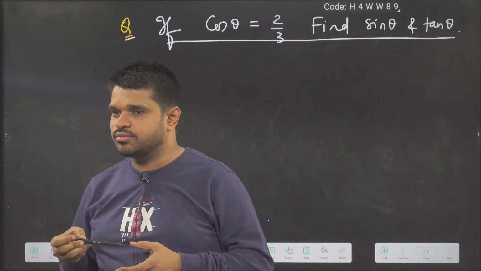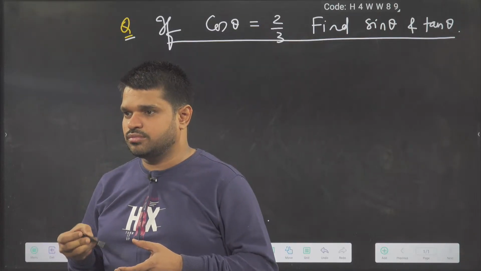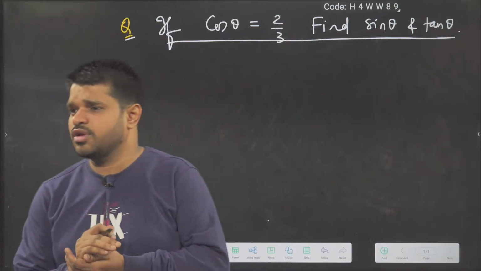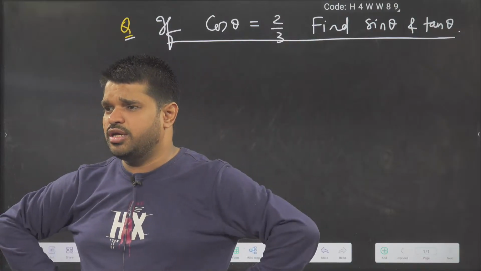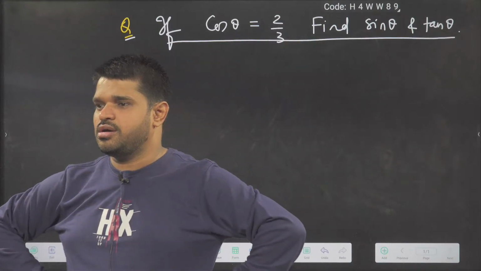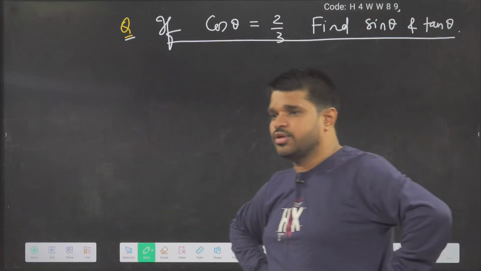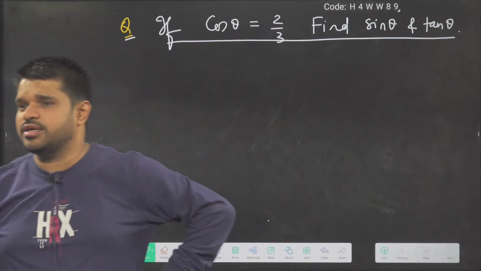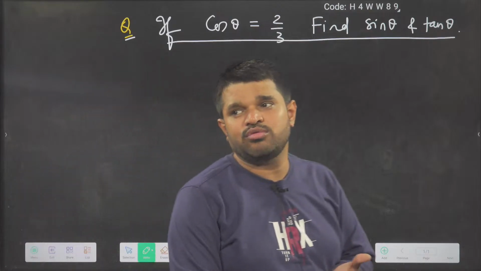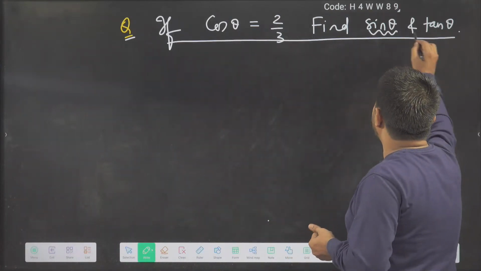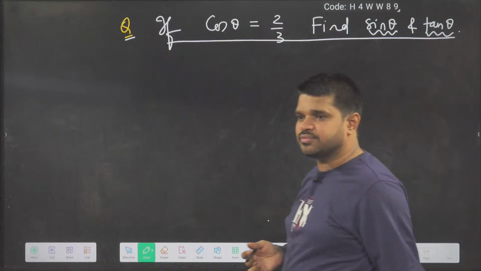Good. Correct. Nana, Mahendra, wrong. Sin is not 4 by 3. Good, some of you have given the correct answer. Cos theta equals 2 by 3, and you have to find the value of sin theta and tan theta.